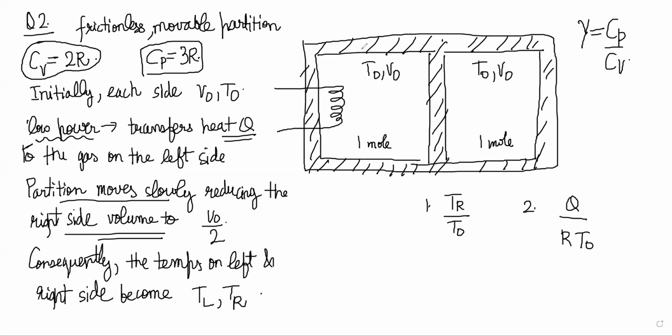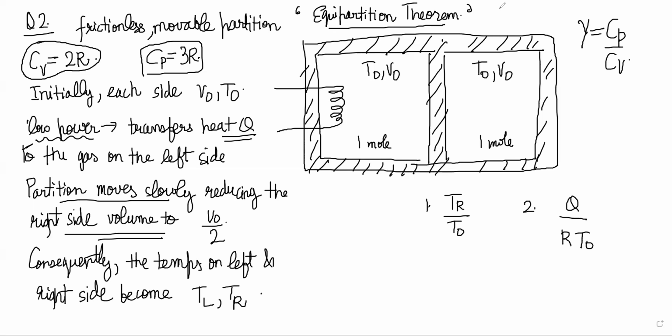By the way, you need to know the equipartition theorem. Do you know what that is? The total energy of the gas is equipartitioned, so all the degrees of freedom contribute equal amounts of energy.